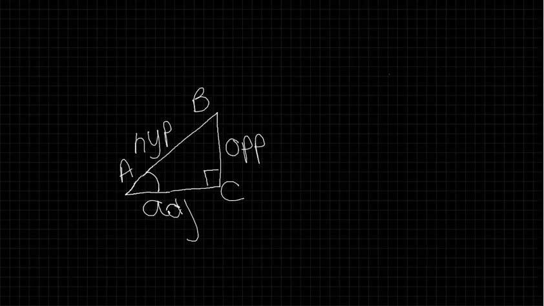Now, cosine. We're all wondering what this means. So I'm going to abbreviate cosine as just COS. So this is cosine. And cosine of angle A would equal the proportion of the adjacent side length over hypotenuse.